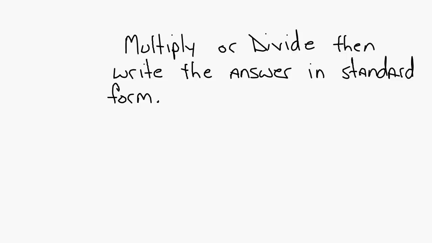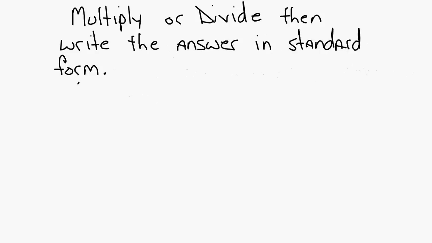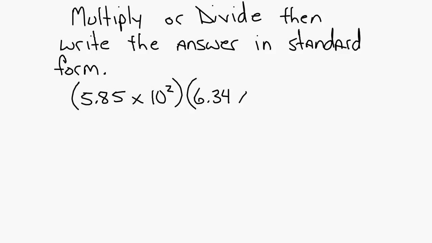All right, so a multiplication problem will look something like 5.85 times 10 to the second in parentheses, and then in your other set of parentheses, 6.34 times 10 to the negative third.